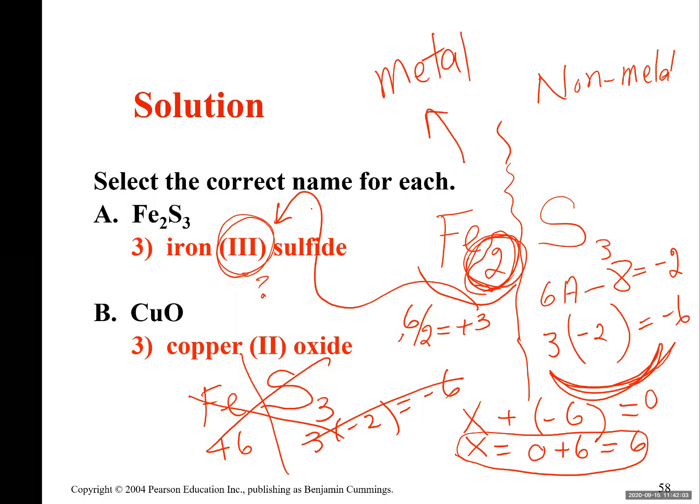So because we had 2 of the irons, 2 times 3 is what gives it the 6, correct? Excellent. Yes. Perfect. But we want to calculate the charge of 1 iron, not 2 iron, not 3 iron.